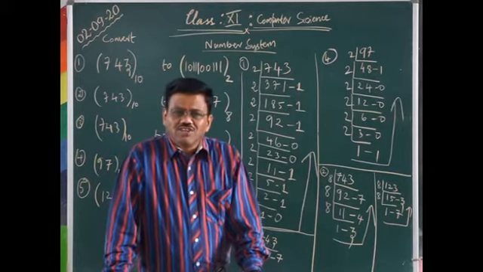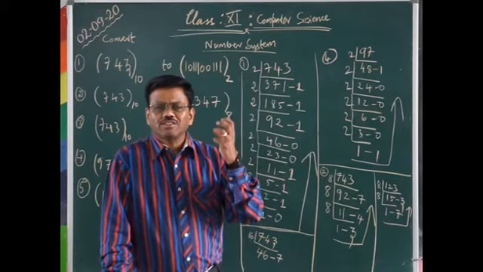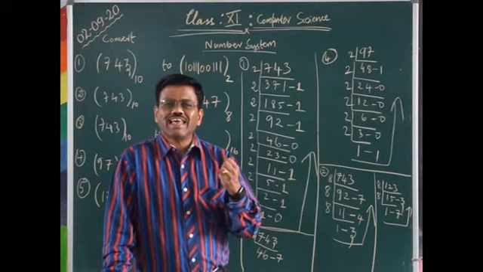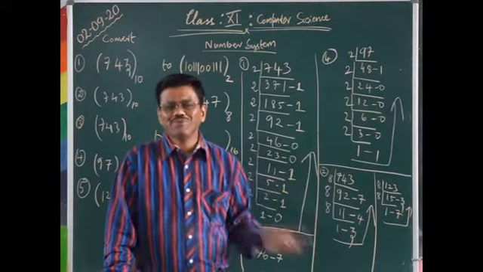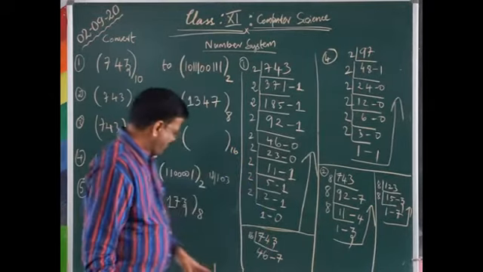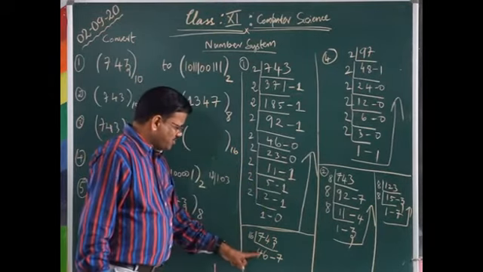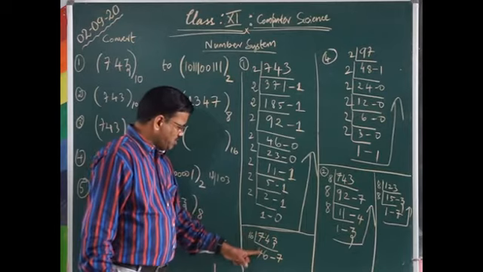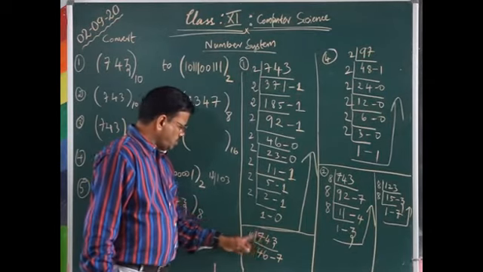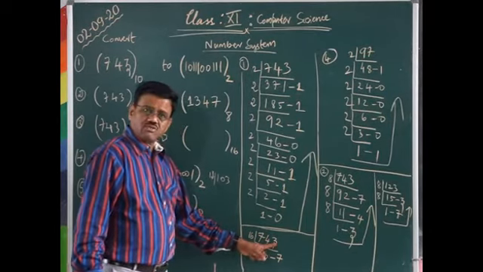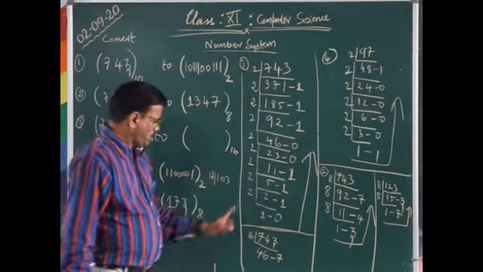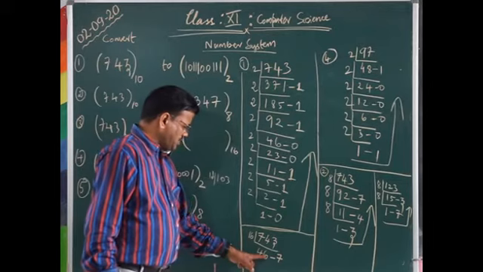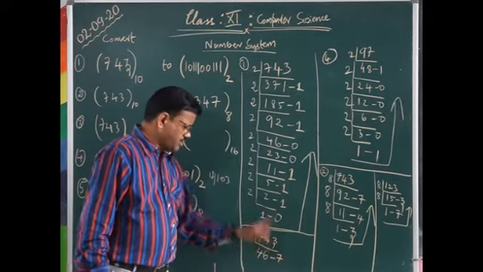You are teenagers, you have lakhs and lakhs of brain cells, far more active than me, so you should be knowing this. 16 4s are 64. So 74 minus 64 is 10. 1, 0 and 3 means 103. When you divide 103, 16 6s are 96, plus 7 is 103.